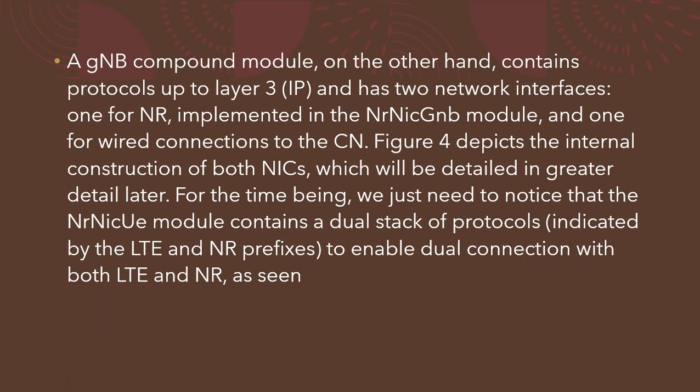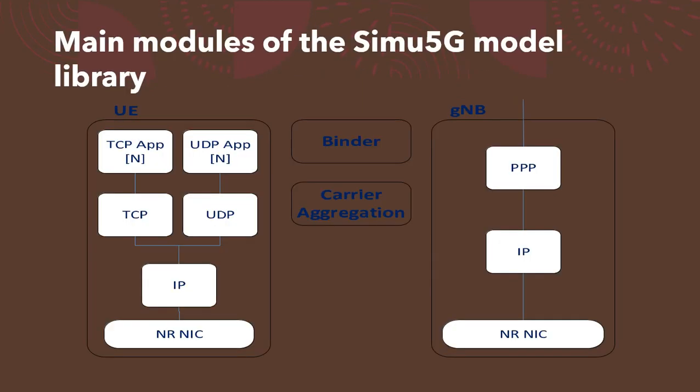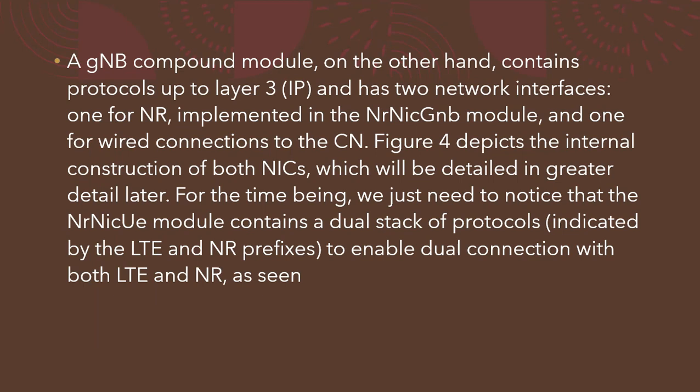It has two network interfaces, one for NR implemented in the NR NIC gNB module and one for wired connection to the core network. Figure 4 depicts the internal construction of both NICs, which will be detailed later.